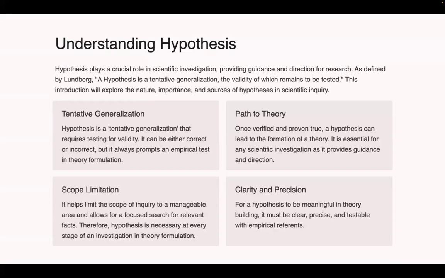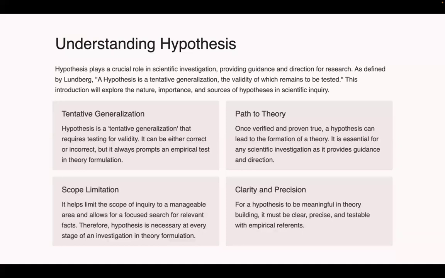Otherwise, without hypothesis, you will be collecting a lot of meaningless data, or the sociological research will become directionless. And after collecting data, you will have to filter it out. You will realize that many of the data collected was not at all relevant for this purpose. So it also limits the scope of a research, which can become unmanageable if there is no hypothesis. So it makes the research manageable.